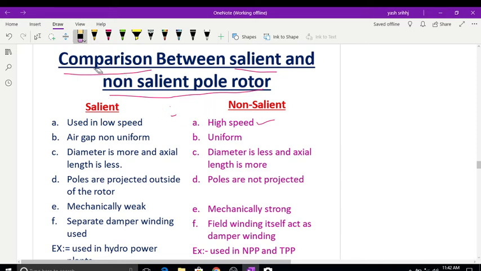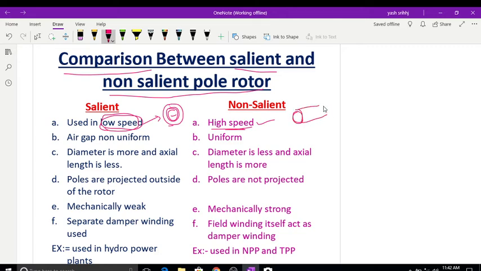For example, if you take a four-wheeler or two-wheeler, if the diameter of the wheel is more, it is used for low speed only, like at the starting of the vehicle, when it is low speed. Look at this one, this is high speed. High speed means the diameter is less and the axial length is more.